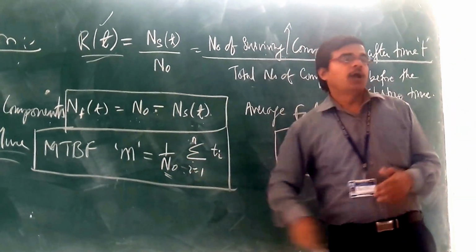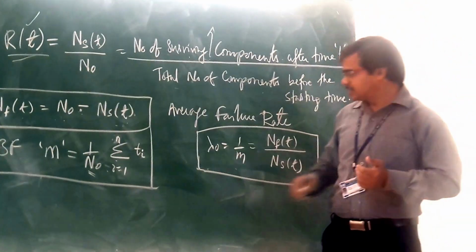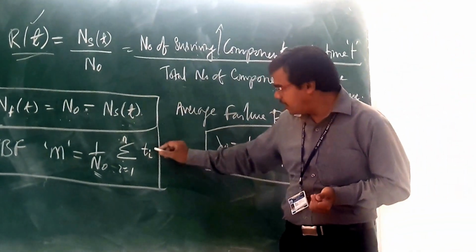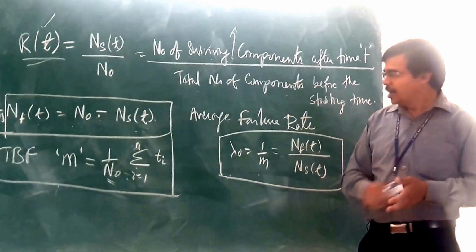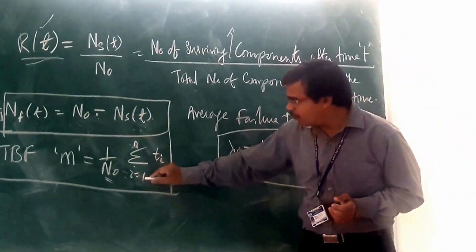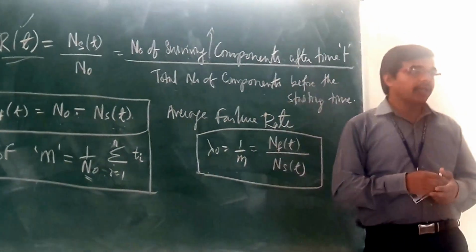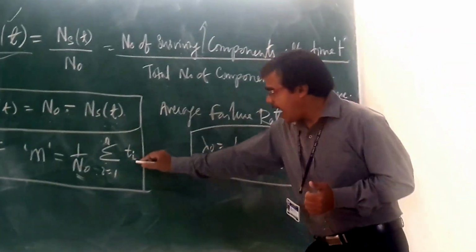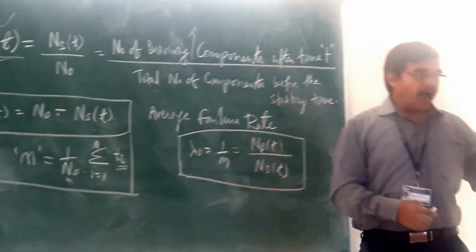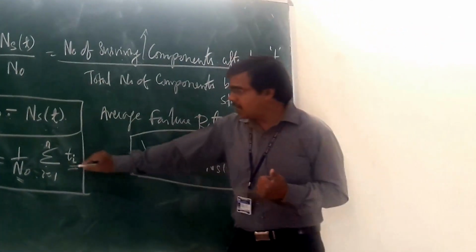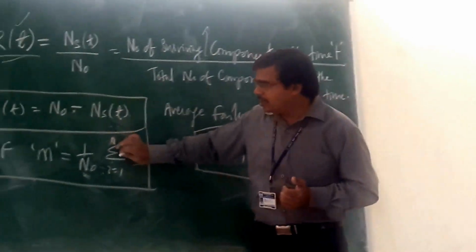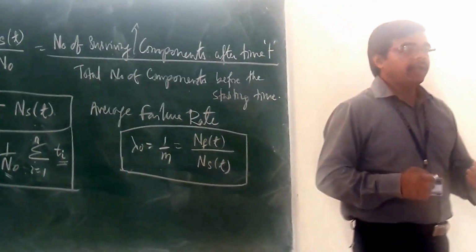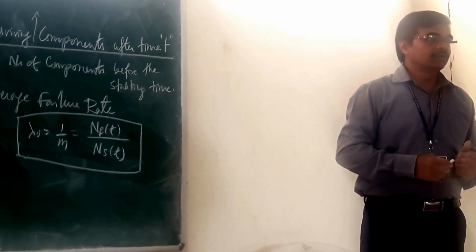Here n is your total number of components, sigma t at the base i, where i goes from 1 to n. So at time i, how many components will survive?